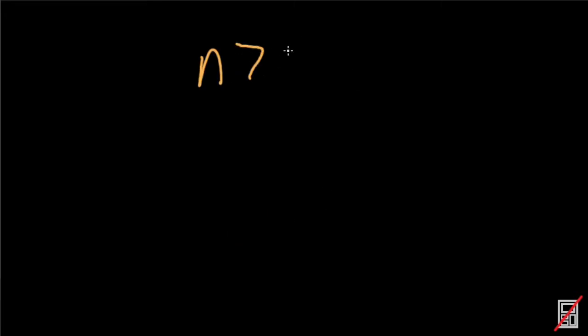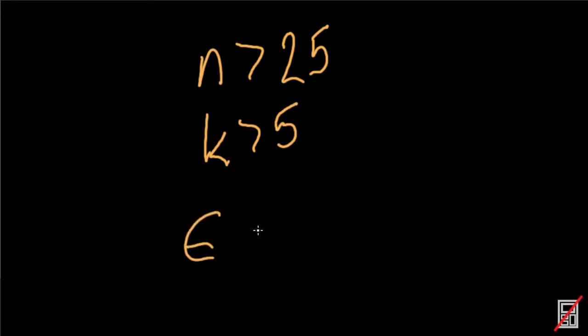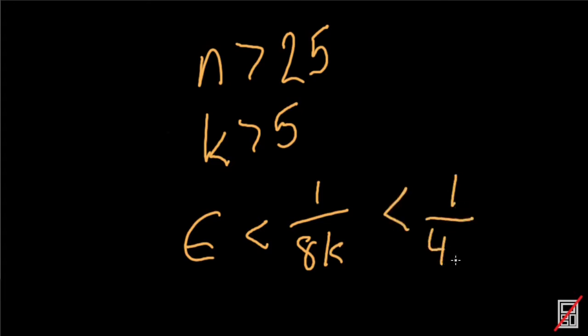If n is bigger than 25, then k will be bigger than 5, so our error, which is less than 1 over 8k, will be less than 1/40th, or 0.025, which means that our first guess can be ridiculously close, within almost 2 digits of our answer.